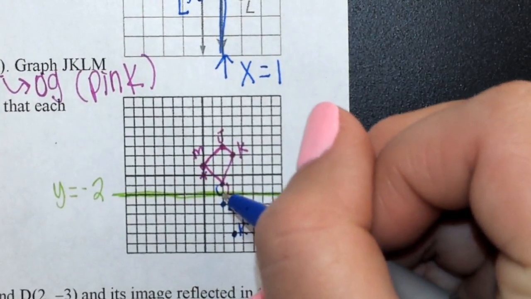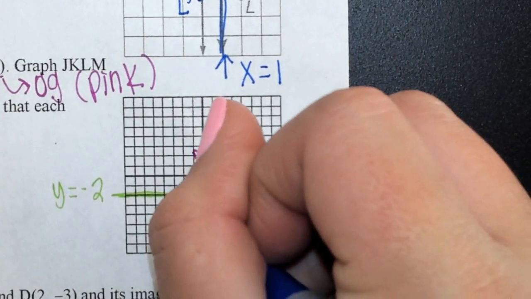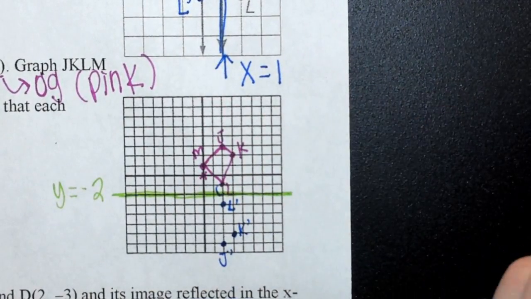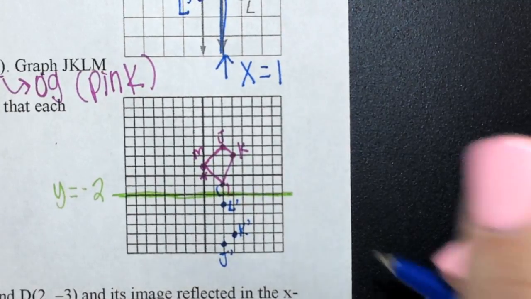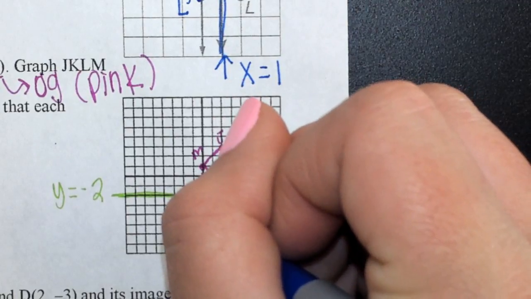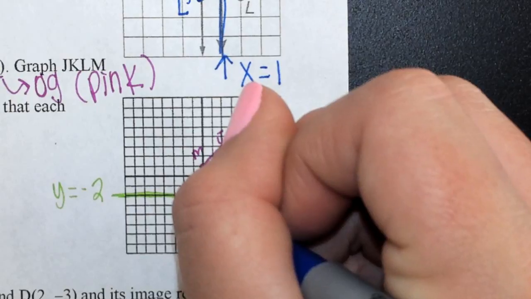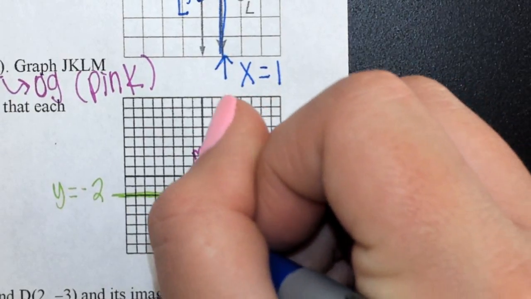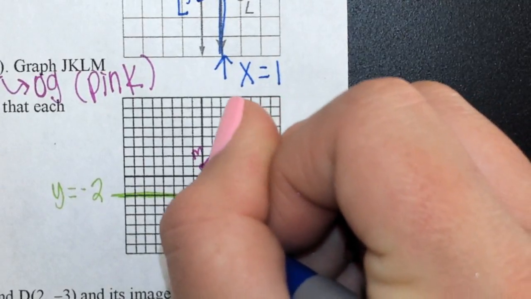So go to your line of reflection and count down 5. Y'all following me? And then M is how many boxes away? 3. So you go to your line of reflection and count down 3. And then I'm going to go ahead and connect the dots.